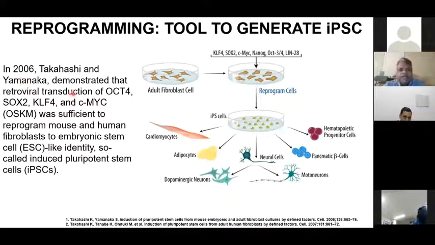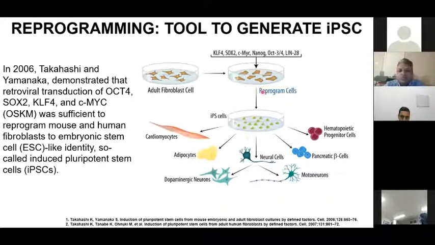In 2006, they demonstrated that if we transduce OCT4, SOX2, KLF4, and c-MYC, which are transcription factors, into cells of skin or blood origin, and not embryonic origin, it would be sufficient to reprogram these fibroblasts from mouse or human or any other organism to an embryonic stem cell like identity, so-called induced pluripotent stem cells. In short, I will call it IPSC.